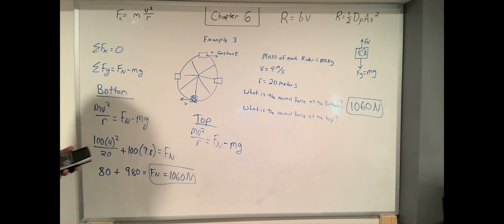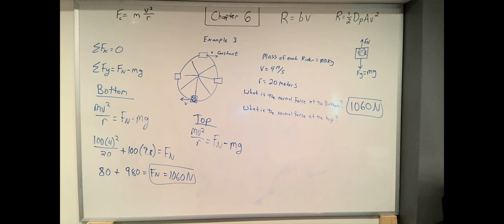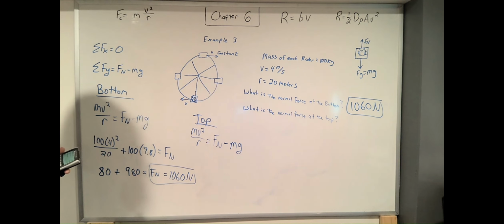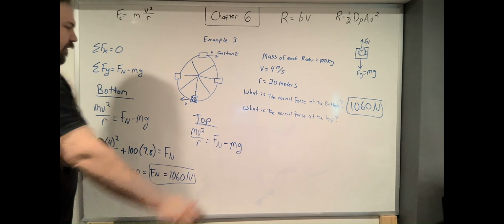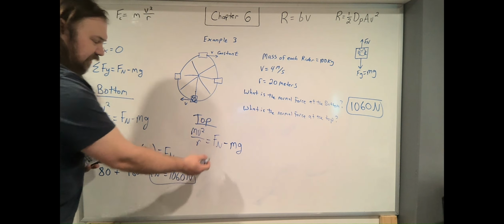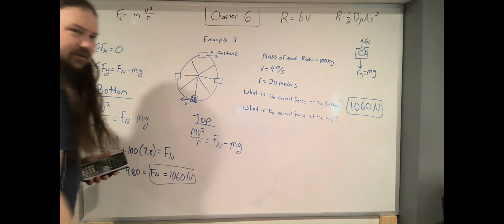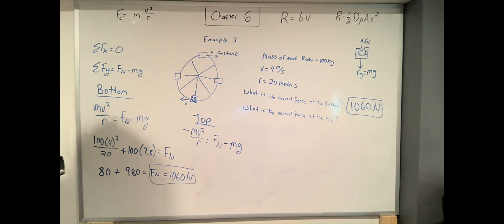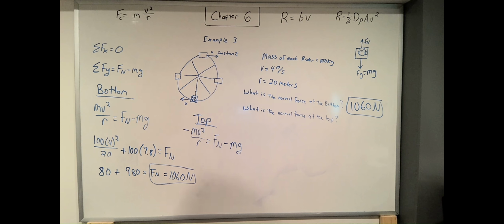At the top now, those two vectors are opposite. It's no longer center seeking. It wants to push you up and off of the ride, which means it doesn't change the direction of the normal force or of gravitational force. It does change the direction of that centripetal force, being that it's now pointing downward towards the center of the circle. So that gets a negative in there.